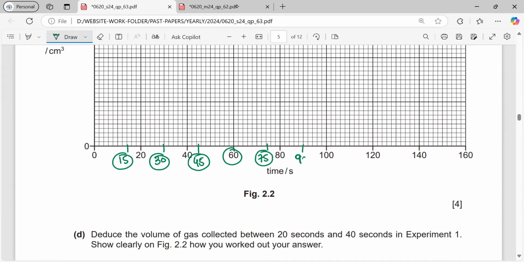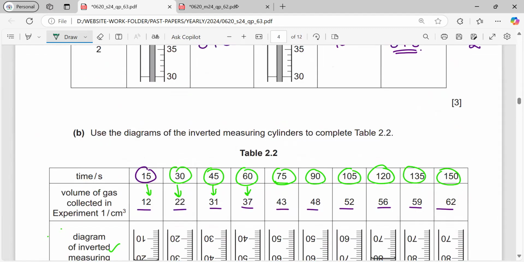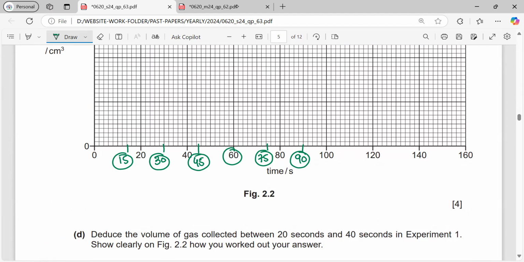Then 90. After 90, we have 105, it will be somewhere here, then 120. Then 135 here, and then we have 150. So these are the timings. These are the time in seconds.